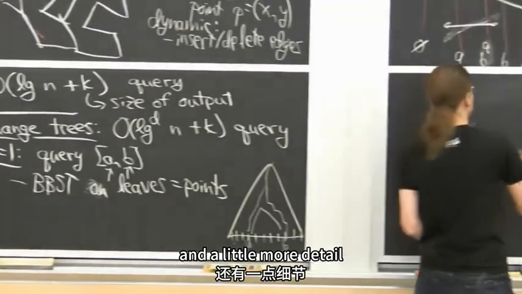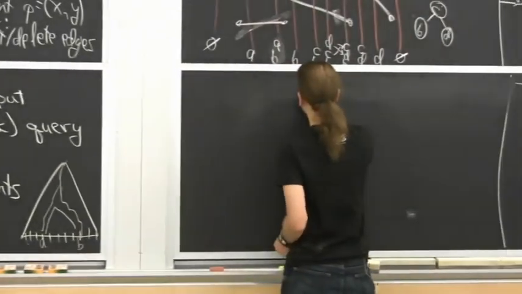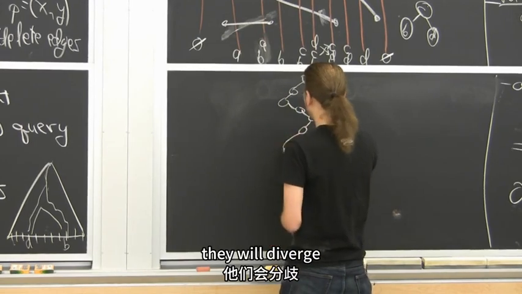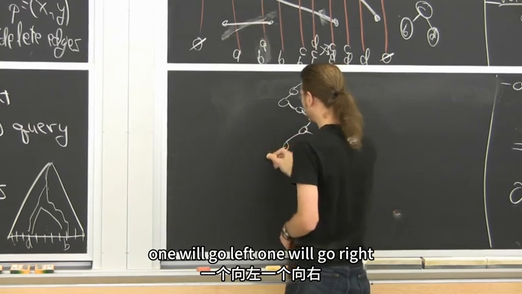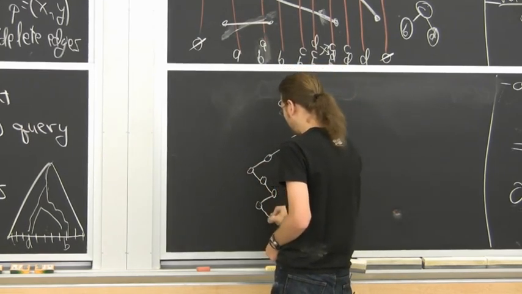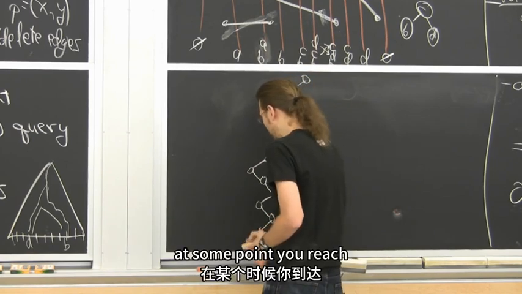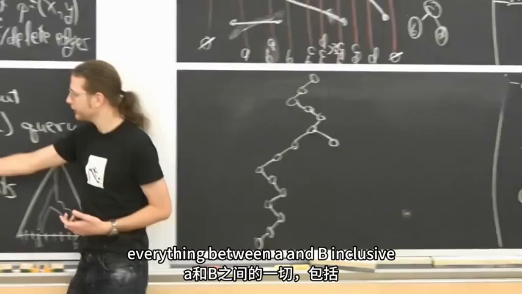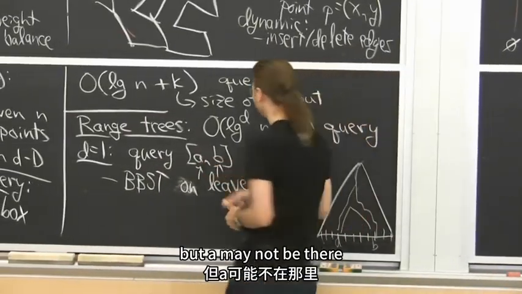And a little more detail, as you search for A and B, at some point, they will diverge. One will go left, one will go right. At some point you reach A. Maybe A isn't actually in the structure. You're searching for everything between A and B inclusive, but A may not be there.